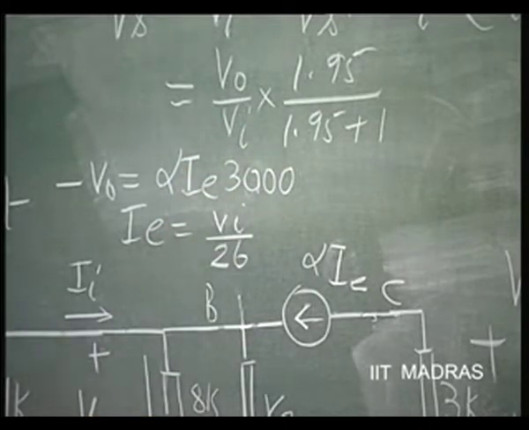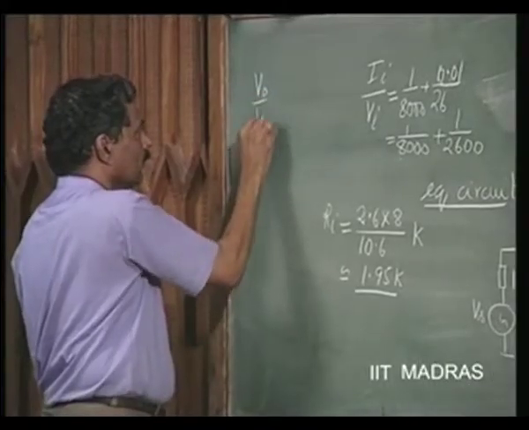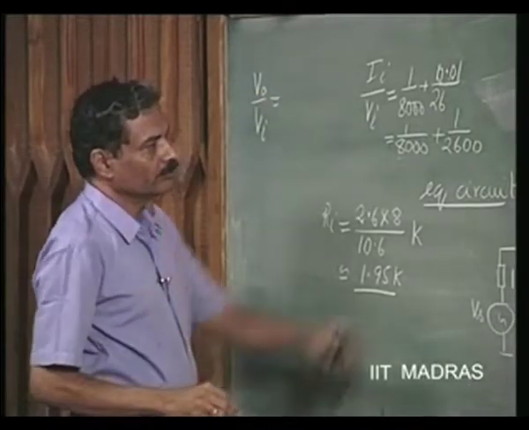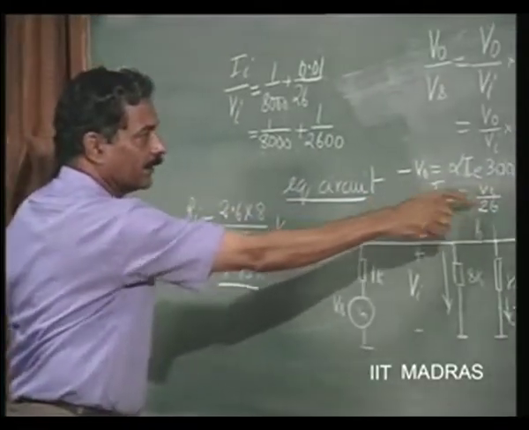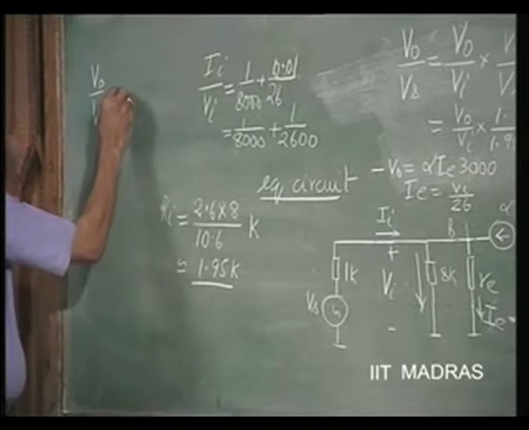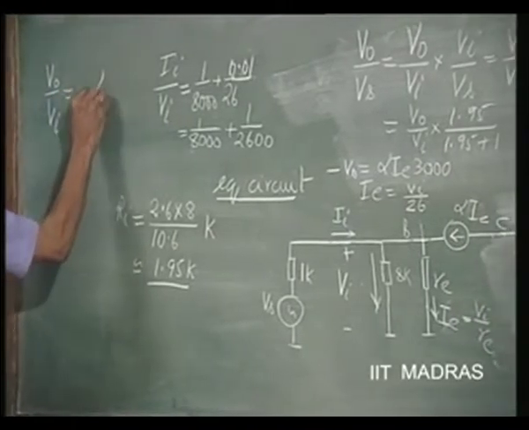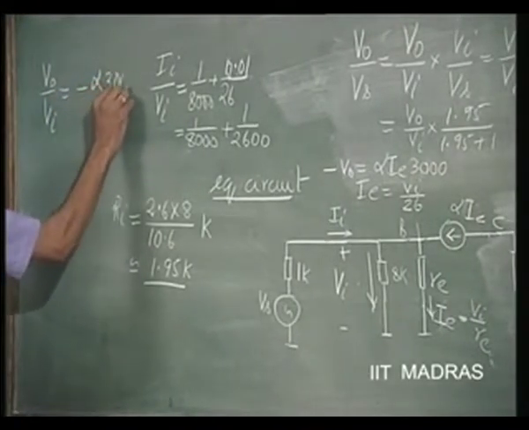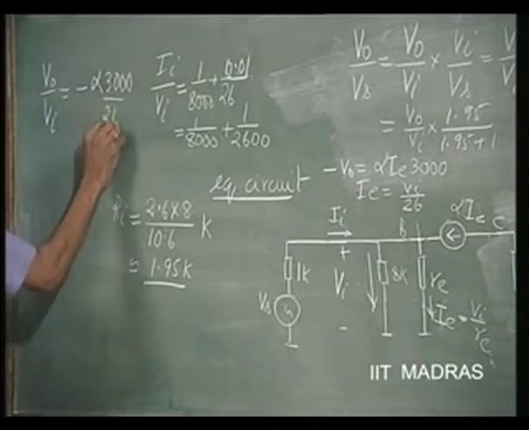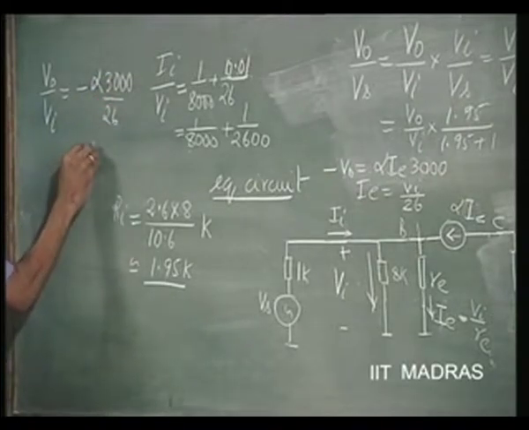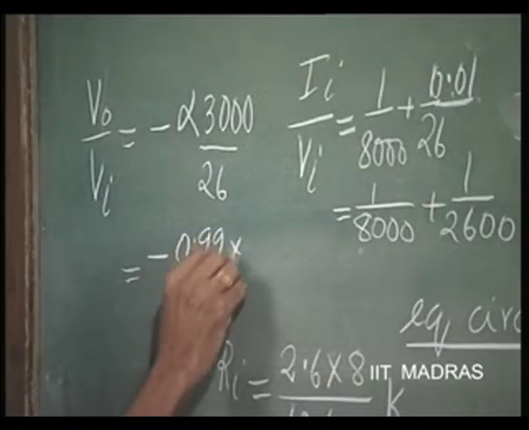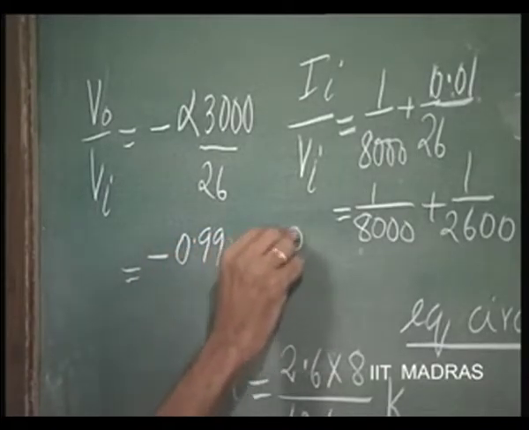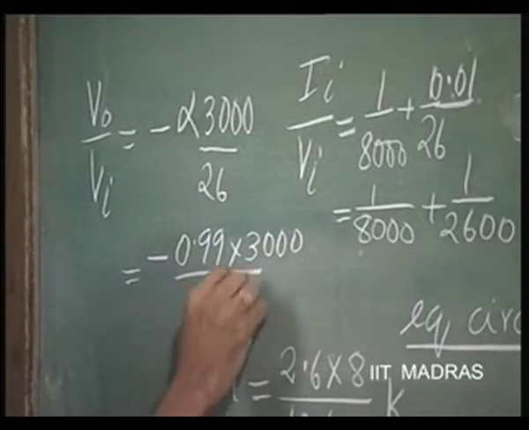So we get V naught over Vi equal to, replacing IE by Vi by 26, minus alpha 3000 divided by 26 or minus 0.99 into 3000 by 26.